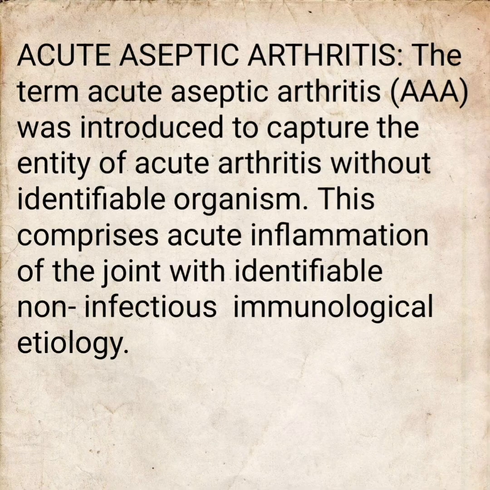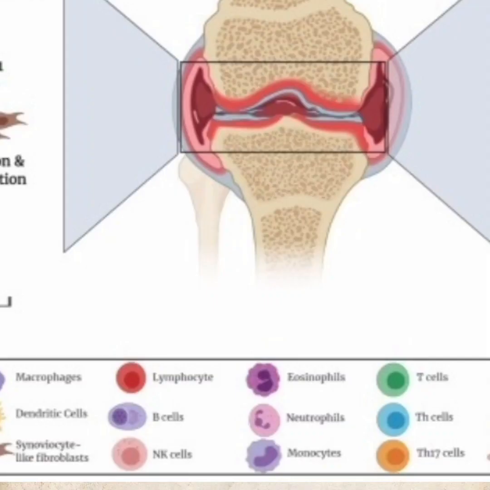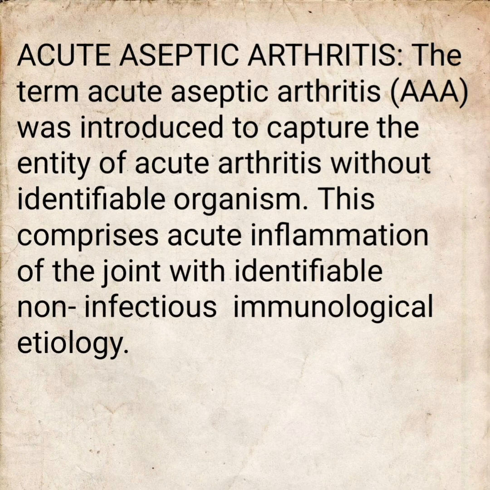That is, you want to look at it because it is not producing any pus. It is not likely to be Staph aureus or any of those pyogenic organisms. But the point is, you are seeing that there is inflammation. It is more of an inflammation not caused by infection.